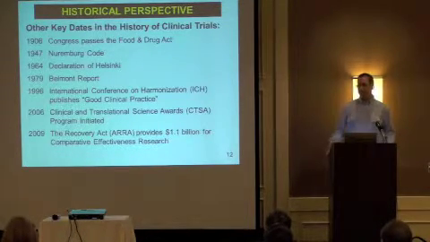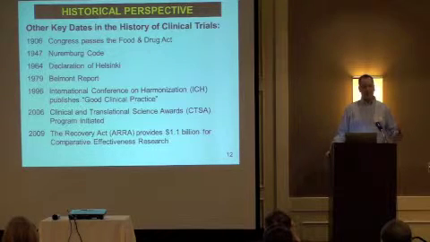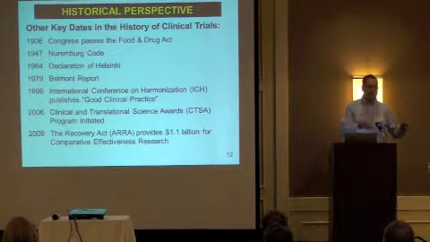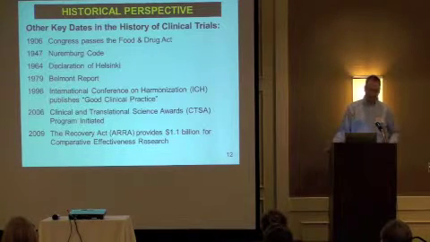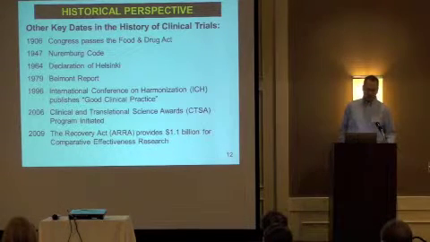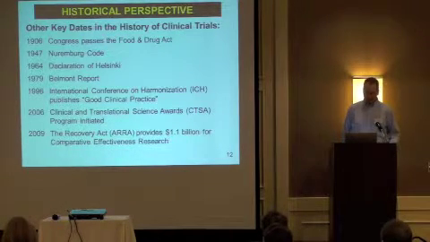A lot of the language about informed consent came from that: you can't just put somebody in a study without them understanding what you're doing to them, why you're doing it, and what you might gain from it. Then came the Declaration of Helsinki in '64 and the Belmont Report in '79.